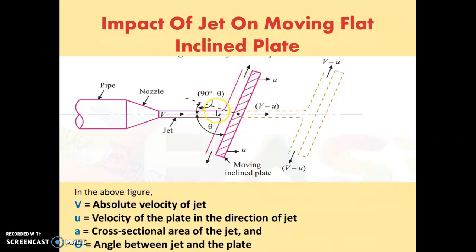So in this case, we will consider the normal force Fn. We will find out the formula for the normal force, and based on the normal force, we will find out its two components, one in the y direction and one in the x direction.